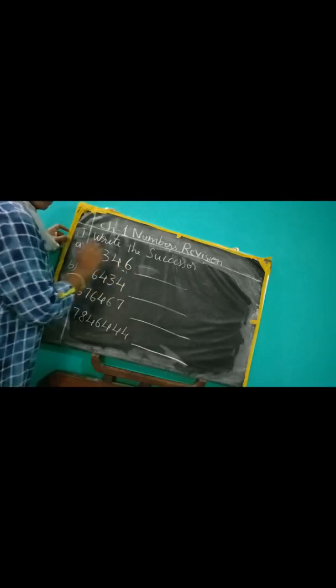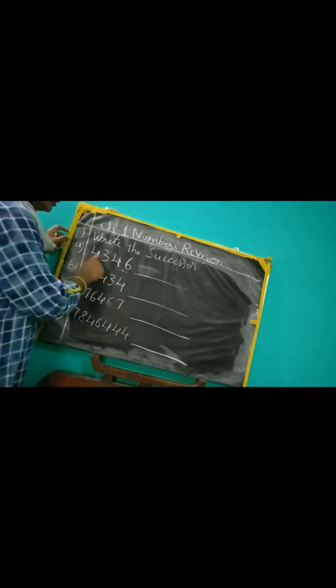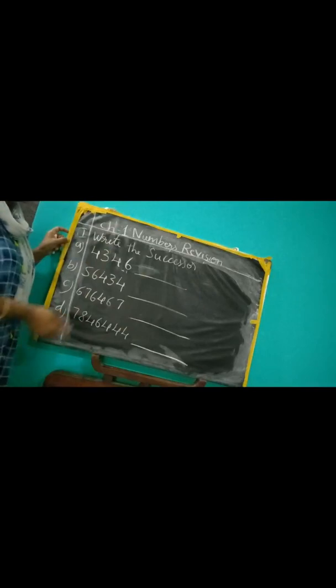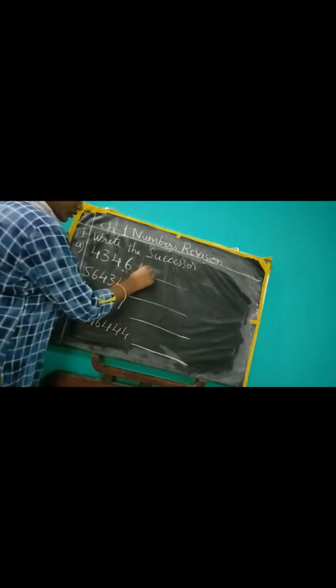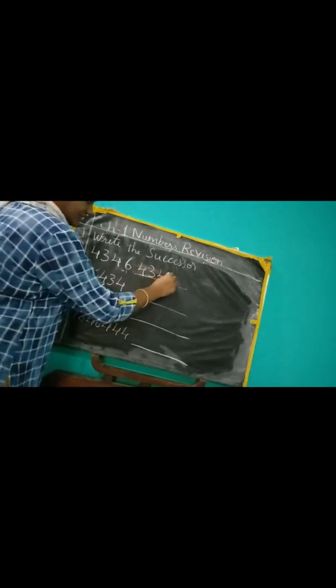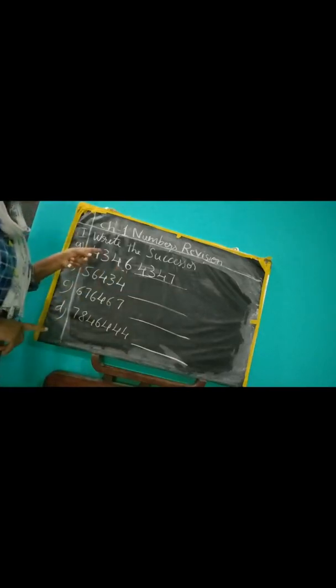Now, 4346 is there. After this number, which number will come? 4347. 6 plus 1 is 7. What we did here? We added 1 in this number. That's why 4347 came.